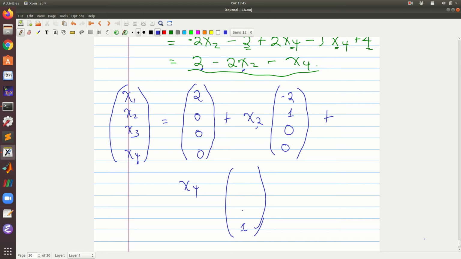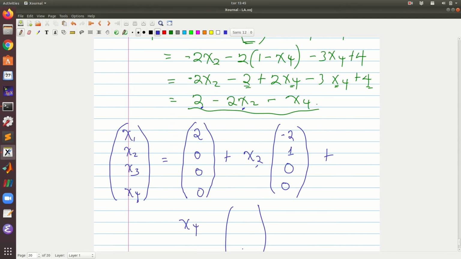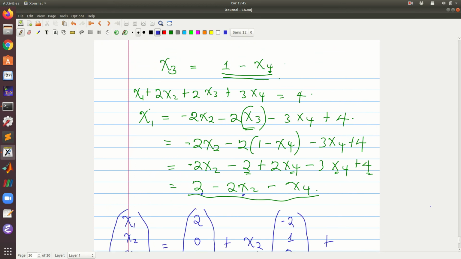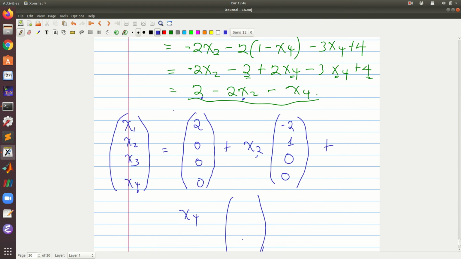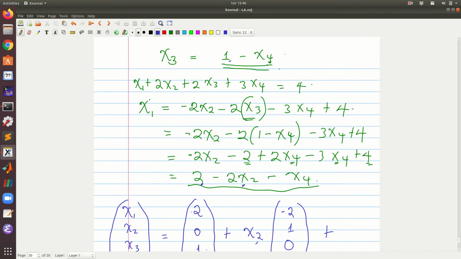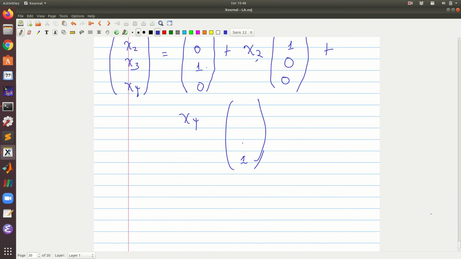And then this is x3. Is x3 written in terms of x4? Yes, x3 is 1 minus x4. That means I forgot the constant here for x3. x3 has a constant, and what is the constant here? It is 1. Okay, but then x3 is also written in terms of x4, and the coefficient for x4 is negative 1 here, so we shall put a negative 1.